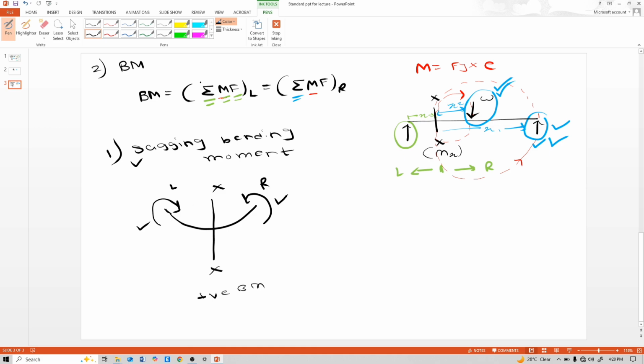That means center line of this beam is like this, and it produces concavity. See, this is concavity. It produces concavity above the center line of that section.